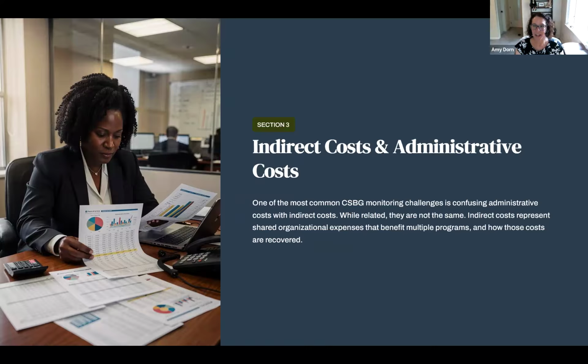An indirect cost, that's from the uniform guidance piece of things, is strictly a cost that cannot be assigned to only one grant. So back to rent, for example, that's an indirect cost because rent on a facility benefits everything going on in that facility.